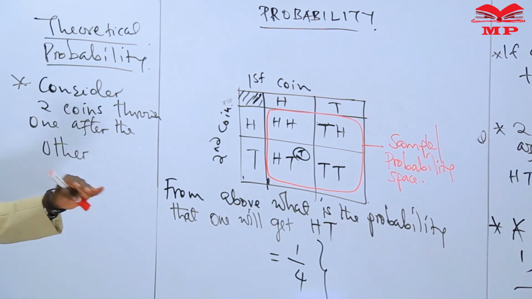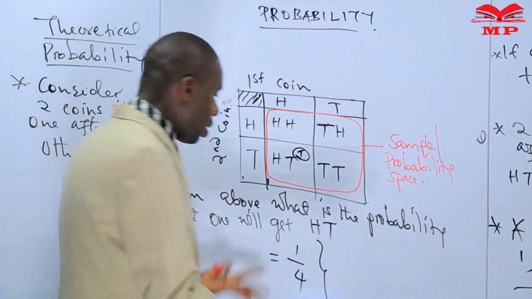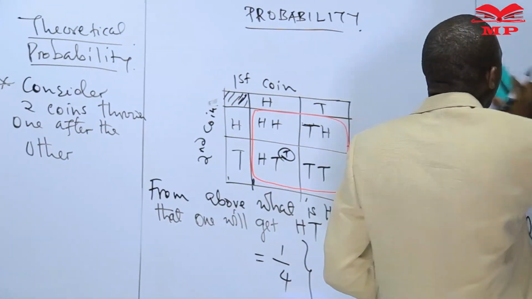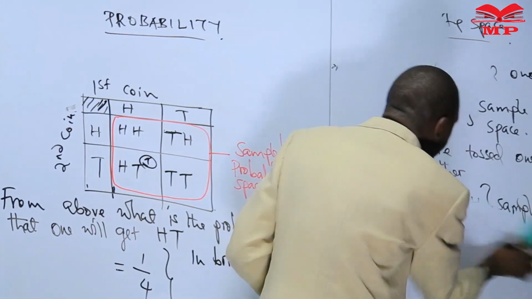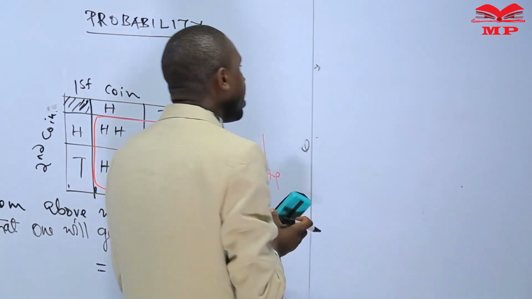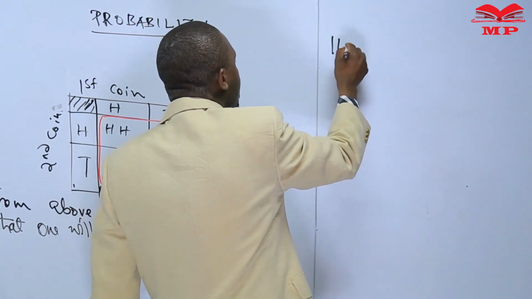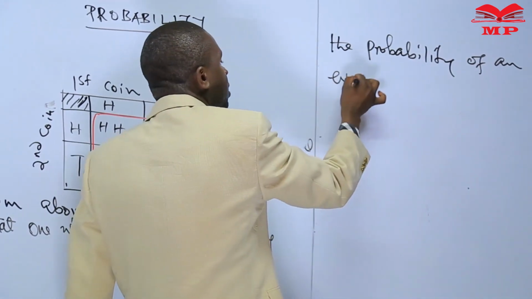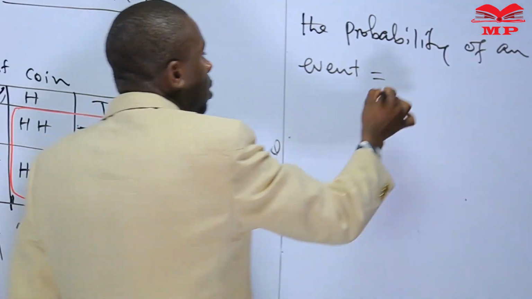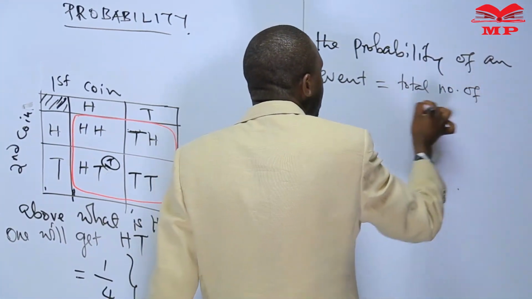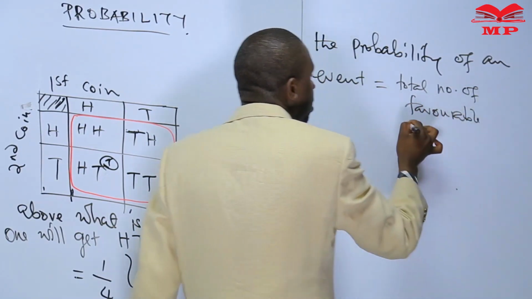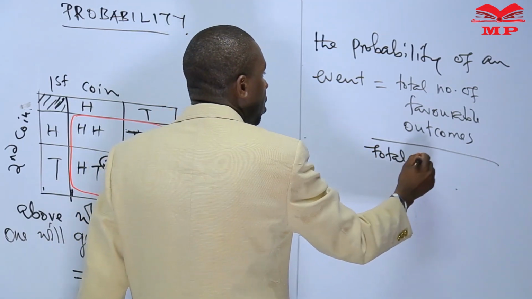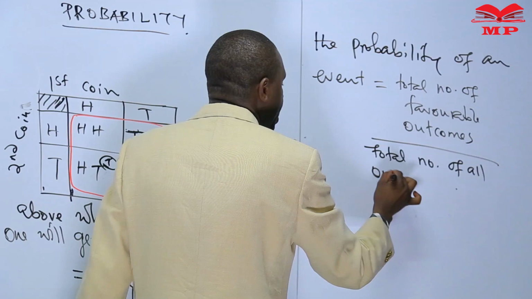Now, in brief, when you are looking at theoretical probability, the probability of an event occurring is equal to the total number of favorable outcomes divided by the total number of all outcomes in the sample space.